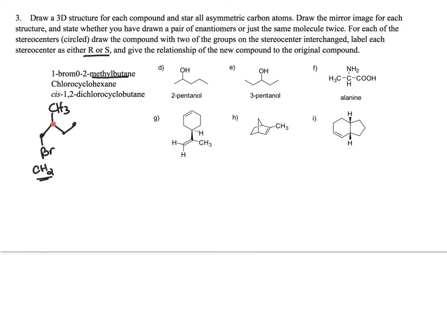This is your only asymmetric carbon here, and that carbon is connected to a methyl, an ethyl, a CH2 bromo, and a hydrogen. So now you want to rank your priorities. You do this by atomic number or molecular weight. So atomic number for hydrogen is 1. I do weight usually.